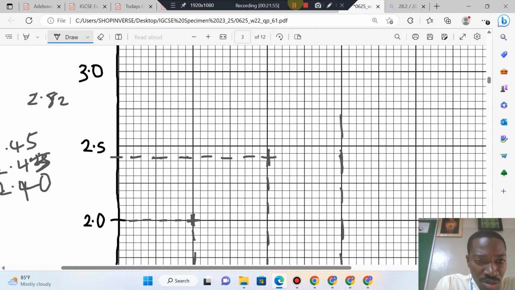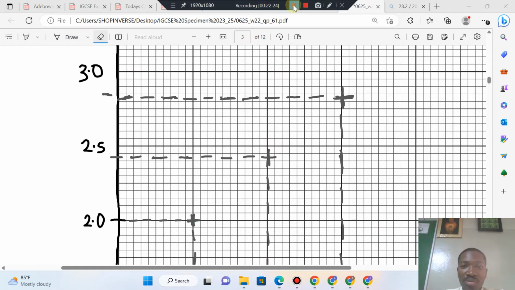Now, this is 2.8. The next one is 2.85. Between 2.8 and 2.85, we have 2.83. This is 2.83, and we're using this as our value of 2.82, because it's the closest value. That's what we are going to use.